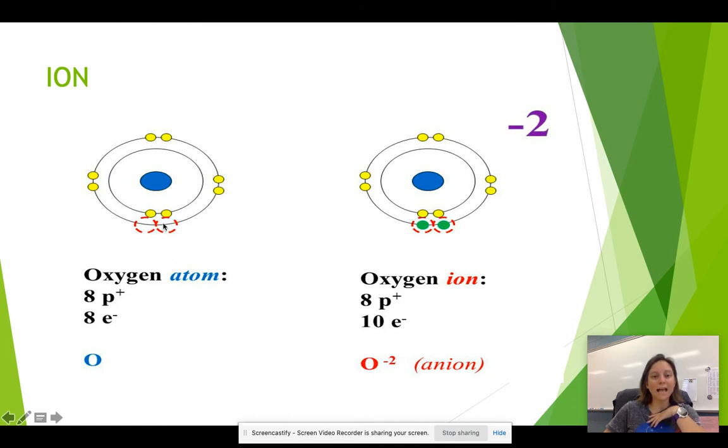The oxygen atom is actually going to gain 2 electrons. It had 8 protons, and now it has 10 electrons. If you notice, there are two extra negative charges, so oxygen will become a -2 anion.